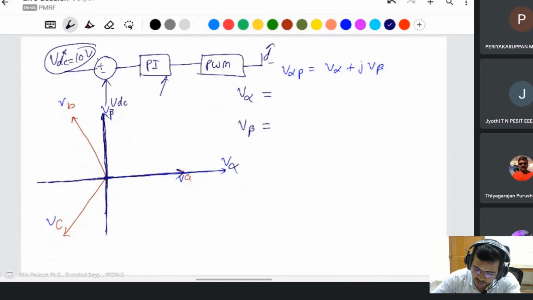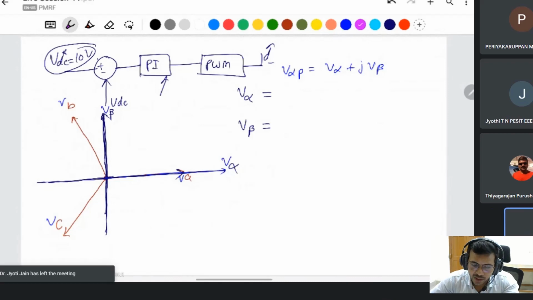Same thing, if you want the first one, known as alpha. What is the value of alpha? What is the effect of VA on the V alpha signal vector? The VA is in the same direction as V alpha, so this is the same value.